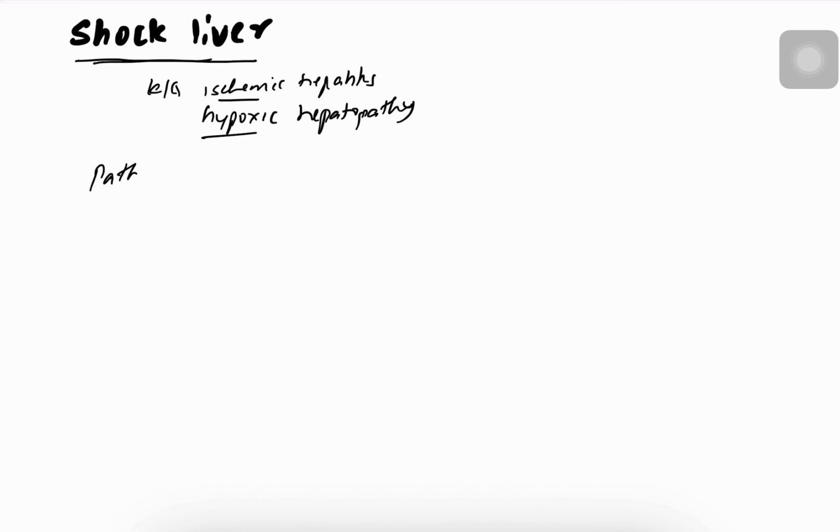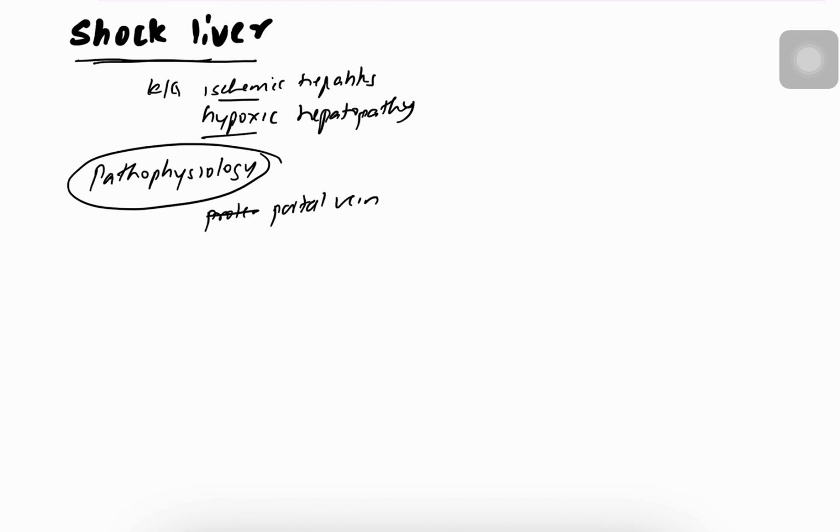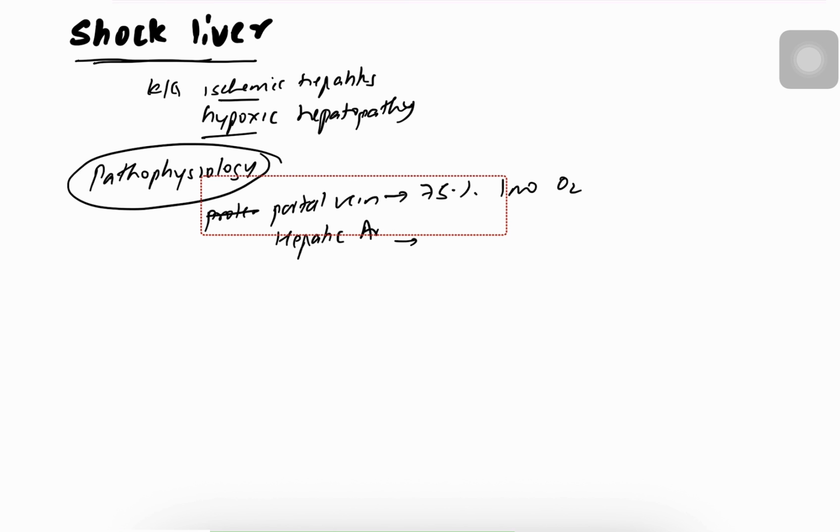Going towards the pathophysiology. Our liver is basically supplied by the portal vein and the hepatic artery. The portal vein supplies 75% of our liver with low oxygenated blood, while the hepatic artery supplies about 25% and is highly oxygenated.